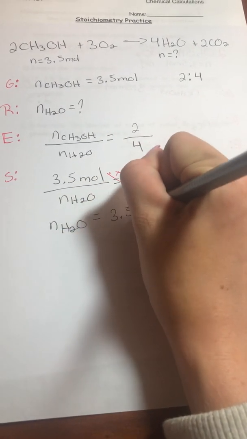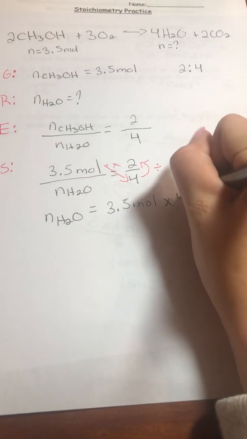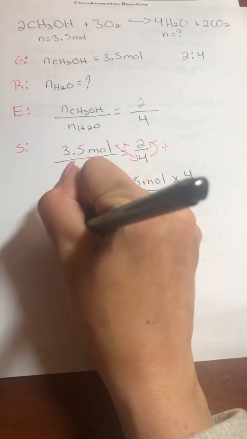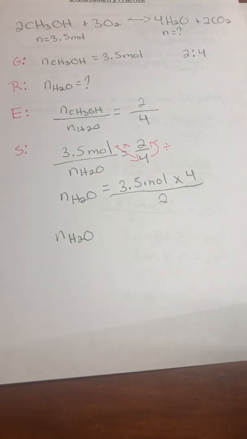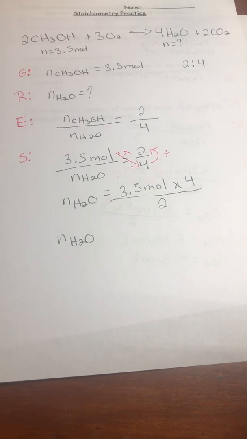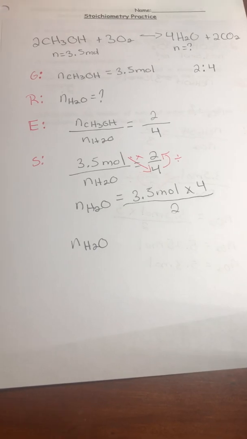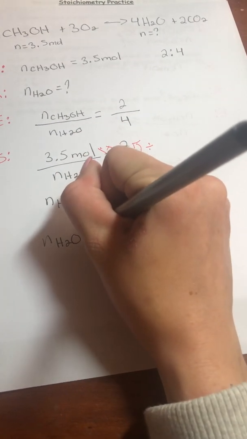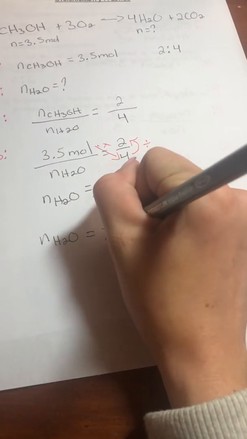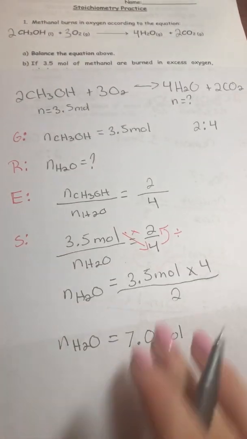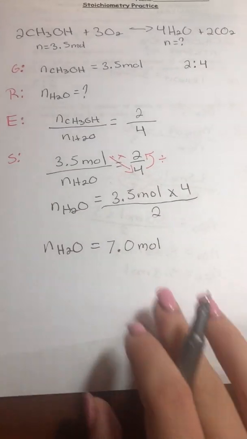So my N of my H2O equals 3.5 moles times 4, divide that by 2. So I get N equals 7.0 moles. Okay, I added the 0 because we have 2 sig digs in the question, so I need 2 sig digs in my answer.